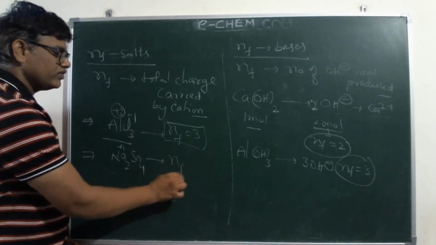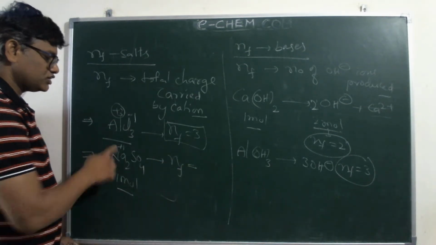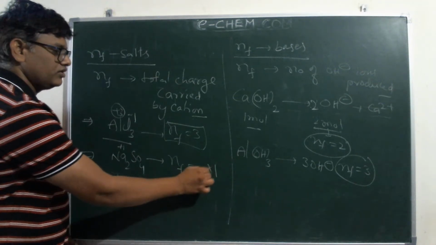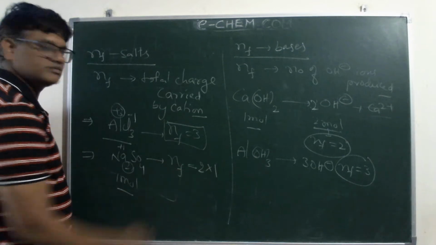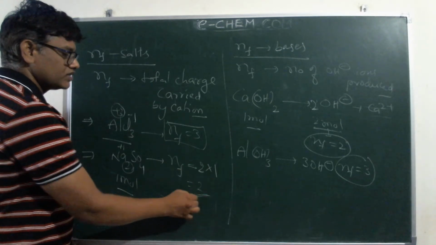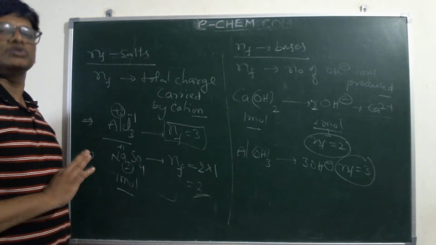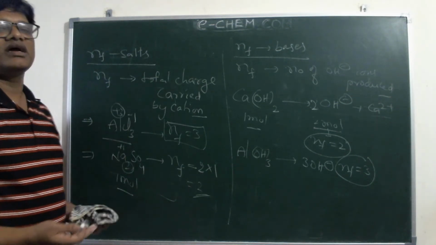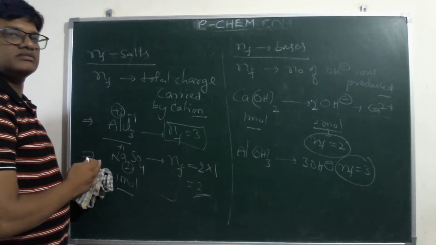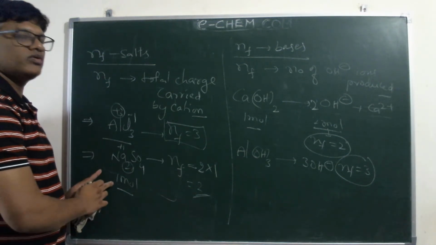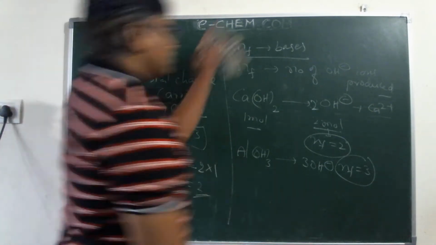So if you want to calculate for 1 mole of the compound, the charge is 1 into the number of sodiums, which is 2. So the n factor for this compound is to be considered as 2. Like this, you can calculate for any compound, taking the number of species present in 1 mole of the compound and the charge carried.